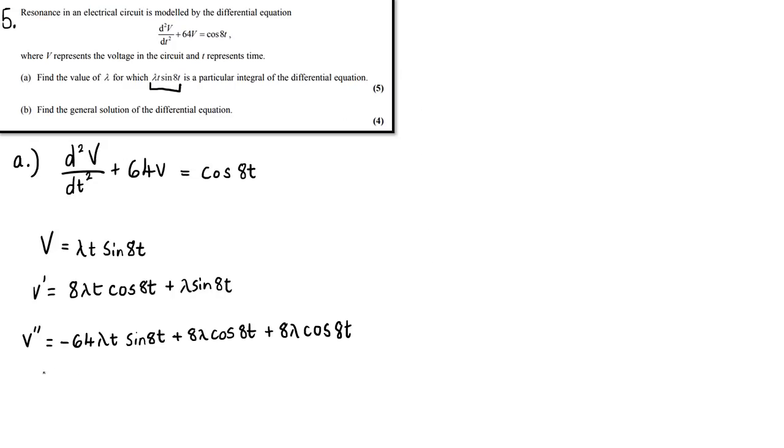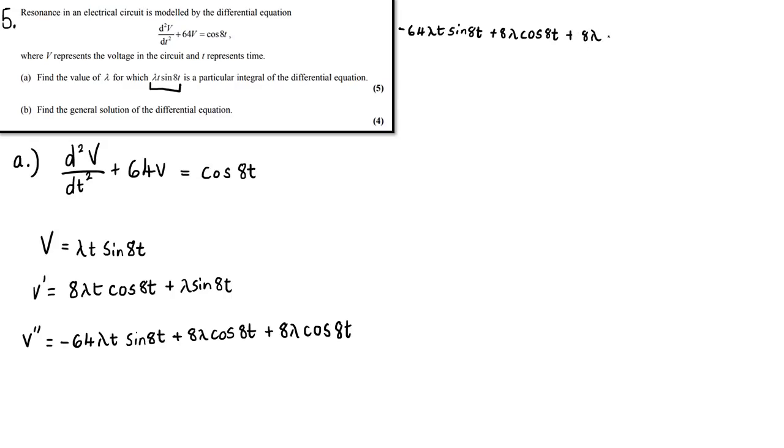So the second derivative, we've already worked that out, so that's minus 64 lambda t sine 8t plus 8 lambda cos 8t plus 8 lambda, oops, have I made a mistake here?